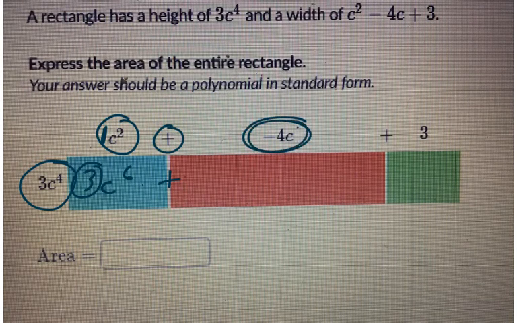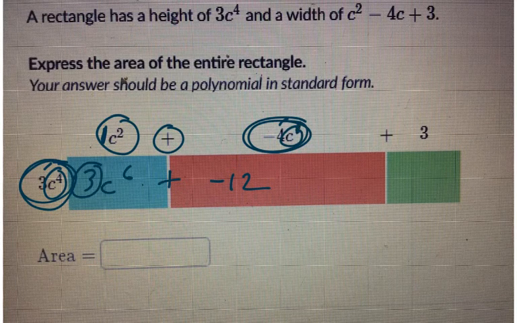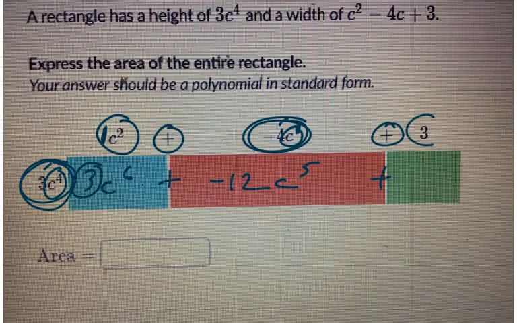Let's take negative 4c times our 3c^4. So the 3 times the negative 4 is a negative 12. c^4 times a c^1, remember there's really a 1 there, is c^5, because we're going to do 4 plus 1, 5. Finally, we have another plus. We're going to do 3 times 3c^4.